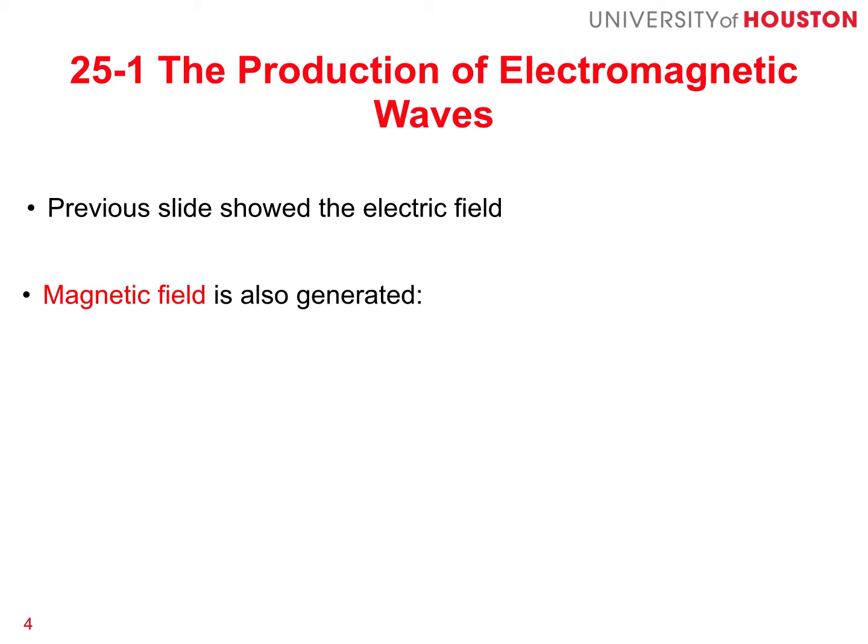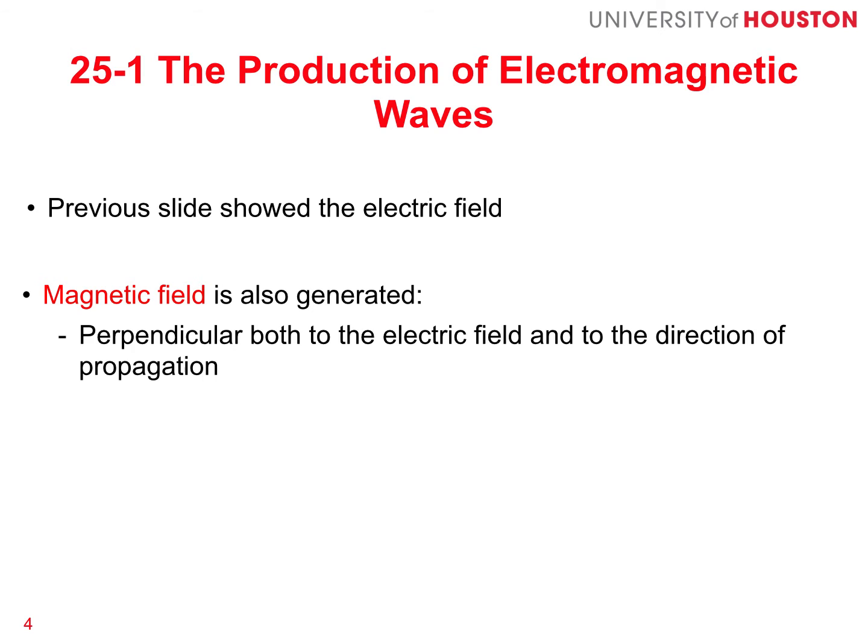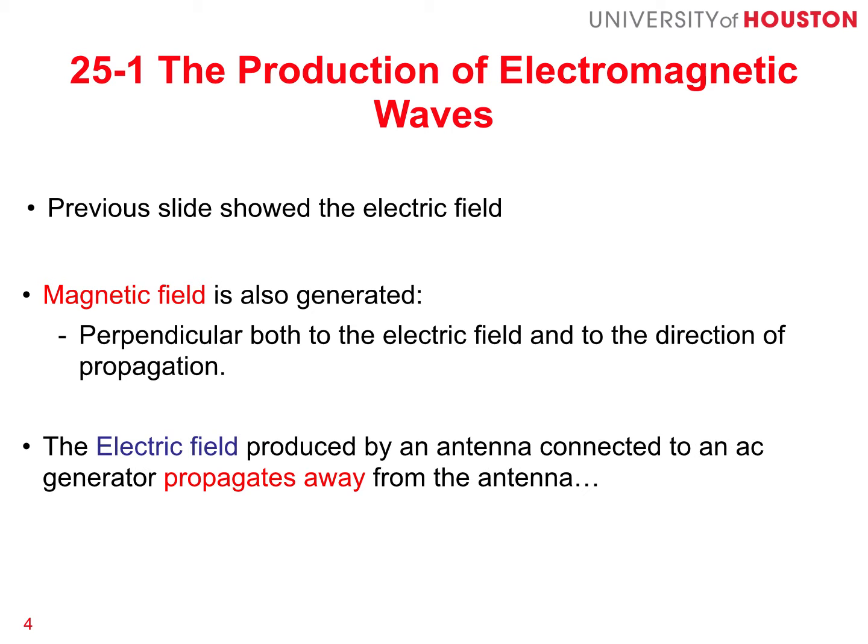This will be perpendicular to the electric field direction and perpendicular to the direction of propagation of the wave. When we produce any electric field from an antenna that's connected to an AC generator, this will always propagate away from the antenna.